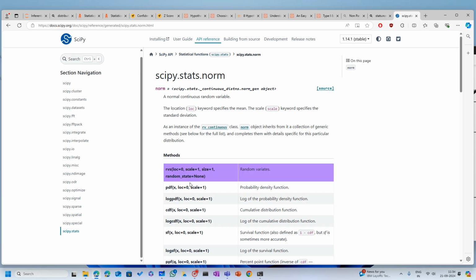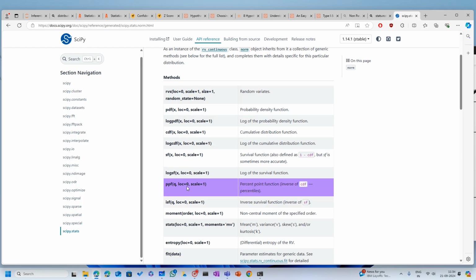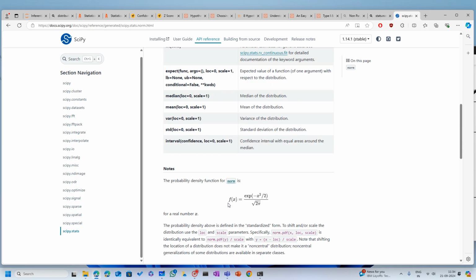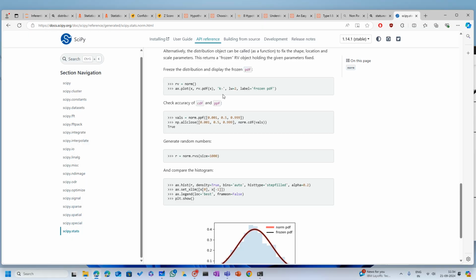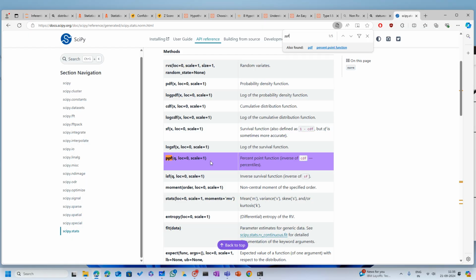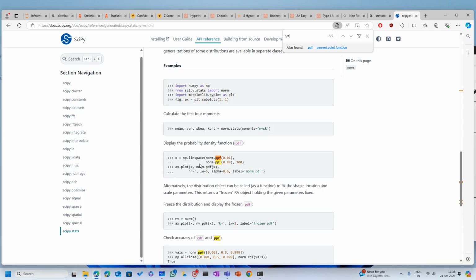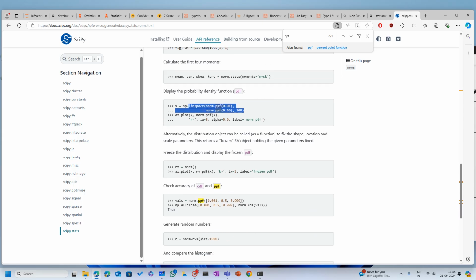You can go ahead and check what the ppf function, the percent point function, is, and also understand how it is calculating. Somewhere here if you notice, ppf is the percent point function. If you go down, it will give you, still want to check the accuracy of cdf, ppf.